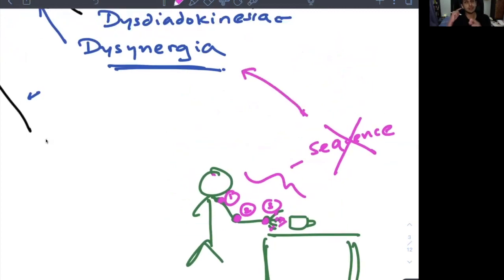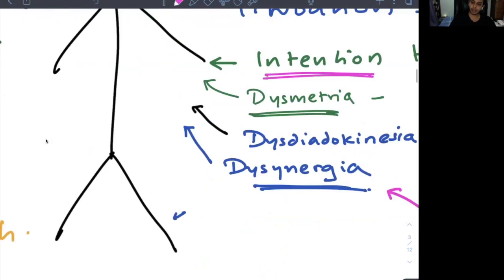Usually the sequence is not lost as much as the flow is lost. So usually your fingers will not grasp first before your elbow extends, but there will be a gap in time between your elbow extending and then your fingers flexing, because your cerebellum is not there to make it into a smooth flow. So that is dyssynergia. What happens in your trunk?